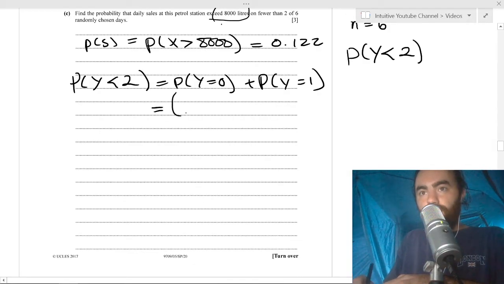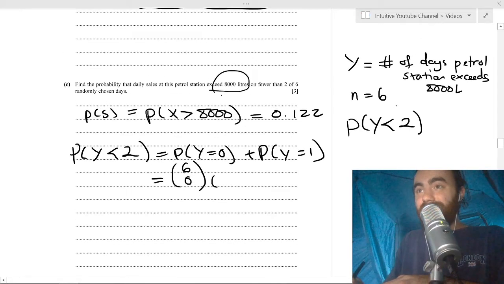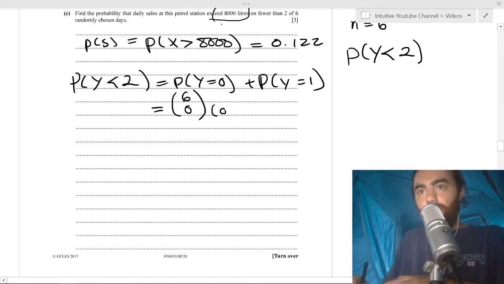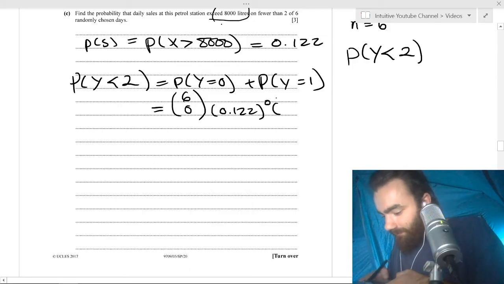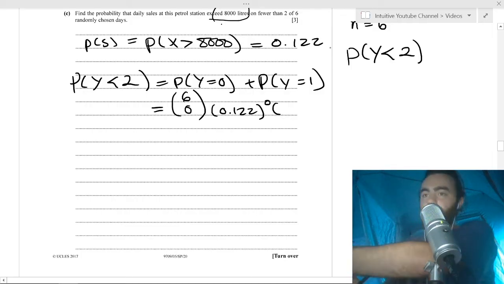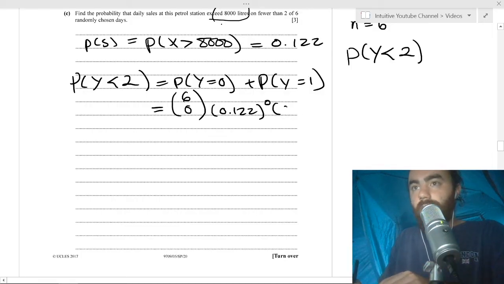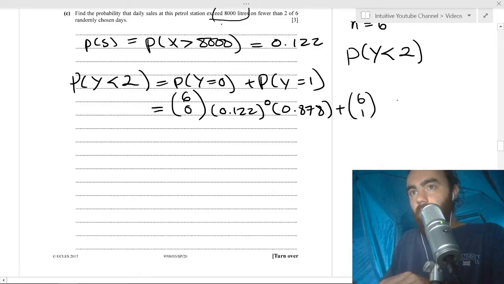So this would be 6C0 times the probability of success, which is 0.122 to the 0, times the probability of failure, which is 1 minus that, 0.878. We already did that. 0.878 to the 6, plus 6C1 times 0.122 to the power of 1 times 0.878 to the 5.